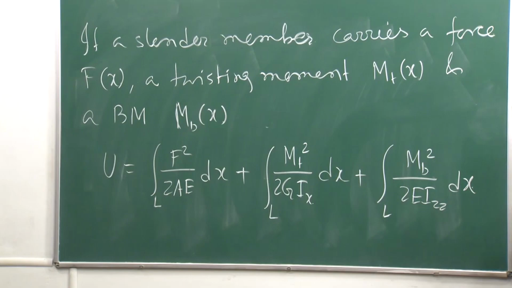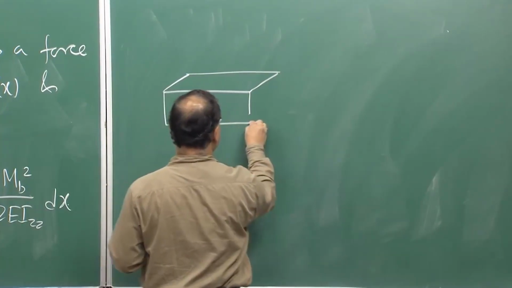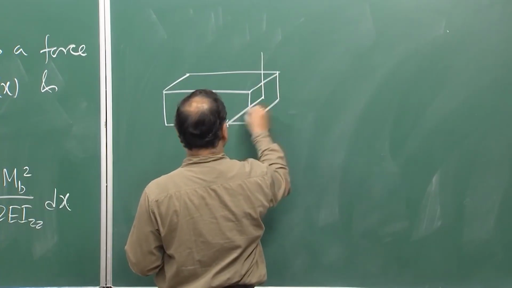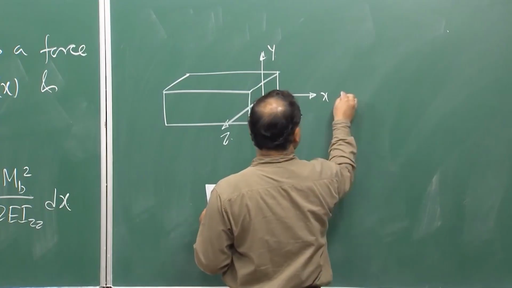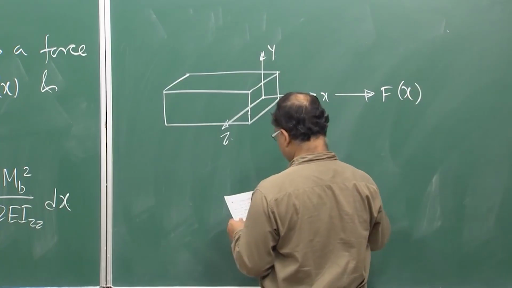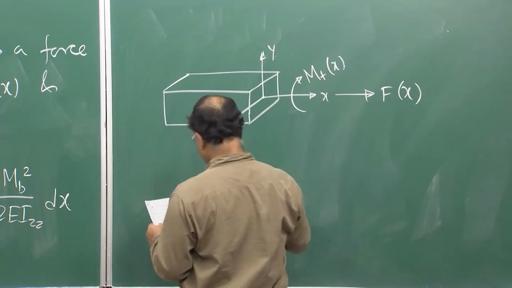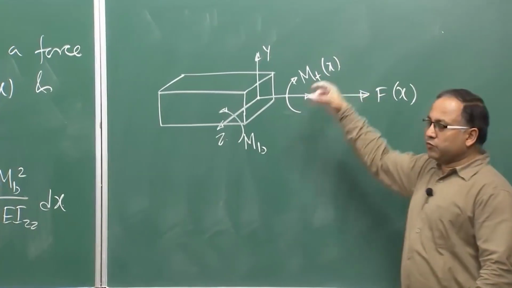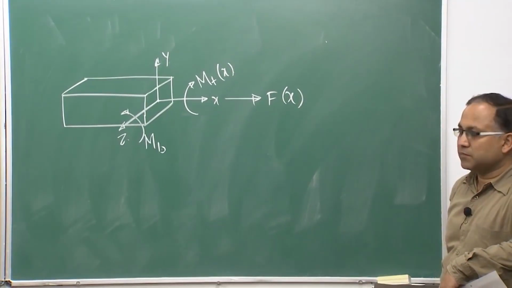That means, if you have this kind of system, this is one slender member, x, y and z axes, you have along this Fx, along this Mt, and along this Mb. If all types of loading are present, then the strain energy can be written as this.